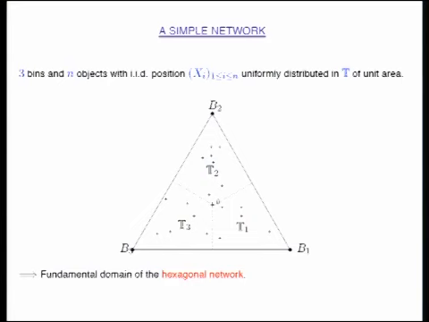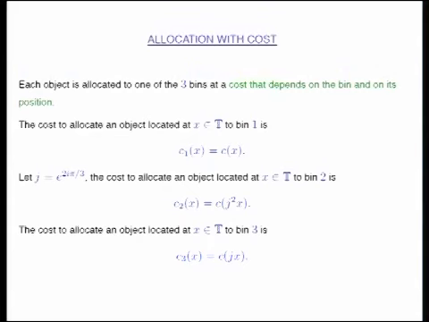So it means that the cost to allocate an object to bin 2 is c2 of x, which is just c of j2 of x. Similarly, the cost to allocate an object x to bin 3 is obtained by a proper rotation.